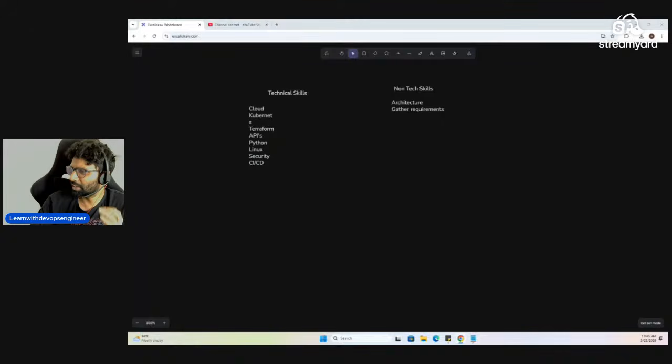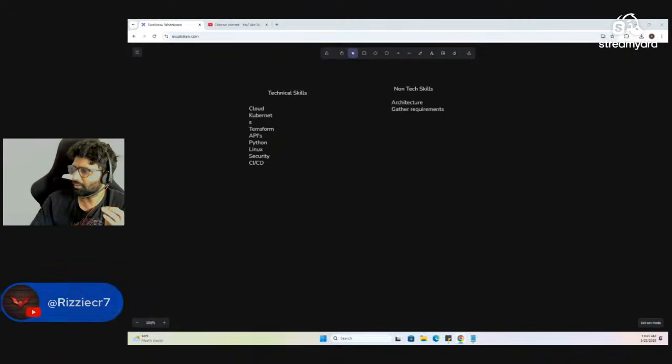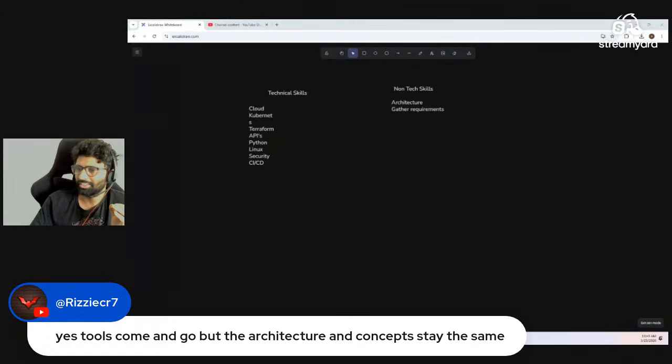Yes, tools come and go, but the architecture and concepts stay the same. Thanks a lot for the comment. See, someone tried to agree with me here. Tools come and go, but the architecture and concepts stay the same. That's why many people message me, bro, I learned Kubernetes, bro. What should I do? What will you do? Learn something else now.